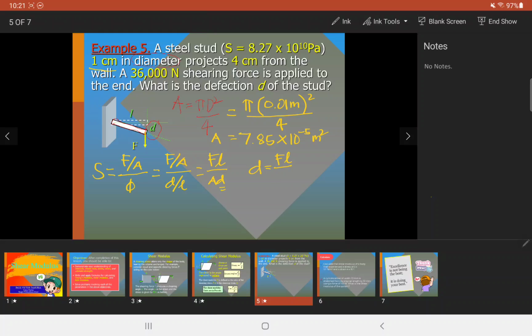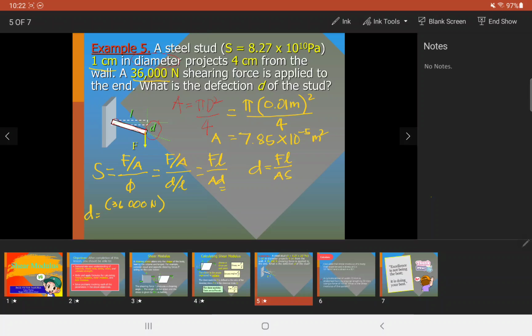Okay, so in that case we can now solve for D, which is equivalent to F L over A S. So in solving for D, what is F? 36,000 Newton. Okay, so we write here 36,000 Newton multiplied by L. What is L?